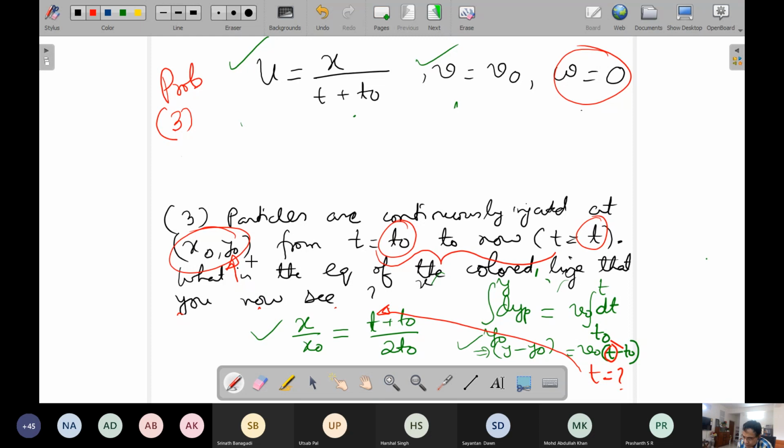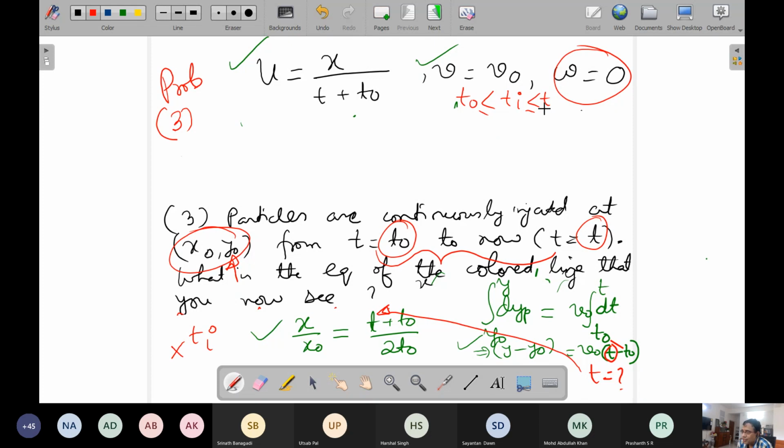What is unknown here, at this identified point x0, y0, is the time at which the particle is being injected. That is a variable. It could be anything between t0 to t. So you can say in a mathematical way that ti is between t0 to t, inclusive.